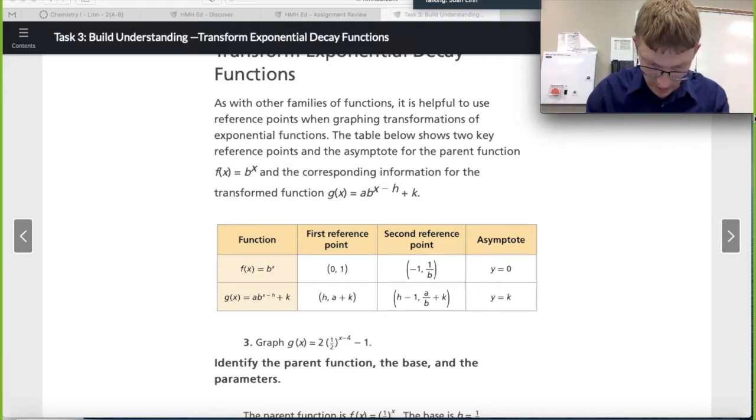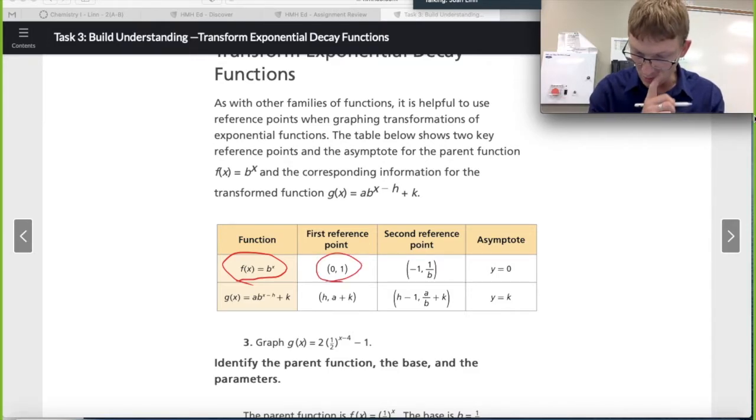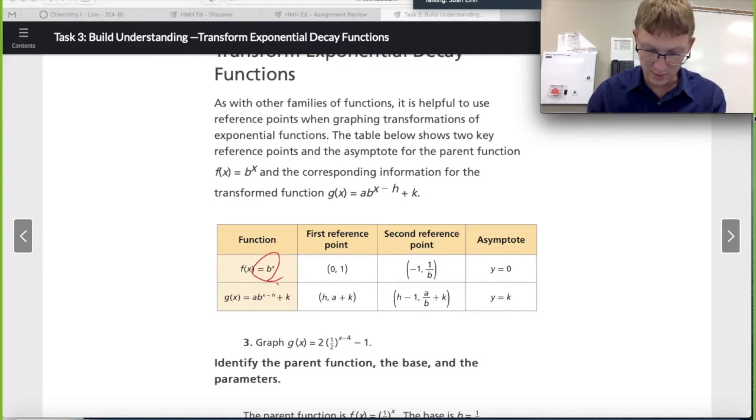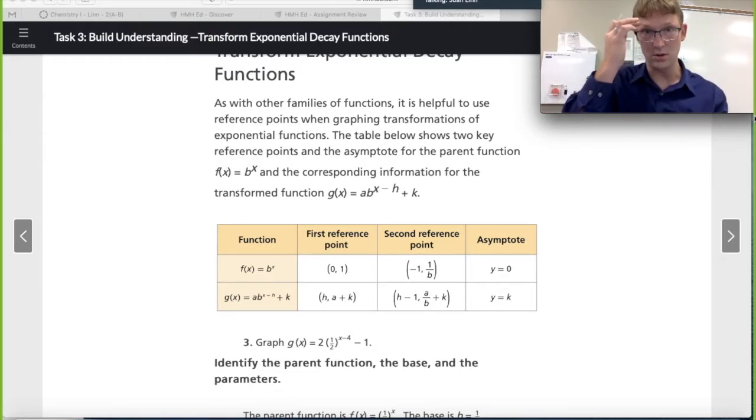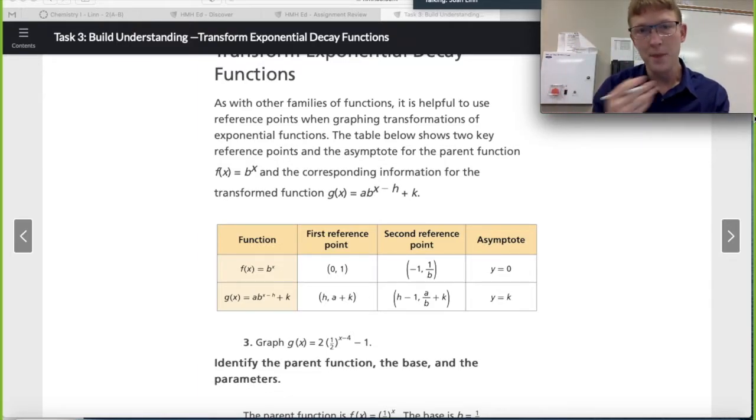You've got your parent function, your first reference point at (0, 1), and then your second reference point at x = -1. And so that can make it really easy to figure out what b is for your parent function, and then from there you can either add the rest of this stuff, or if it's a parent function, then you're done. But usually it's not going to be.